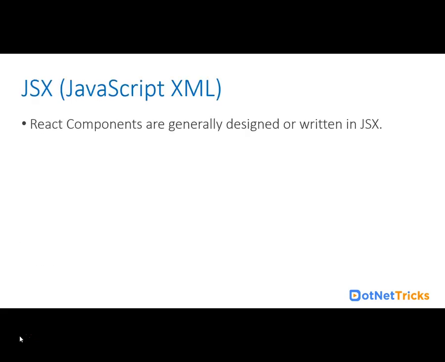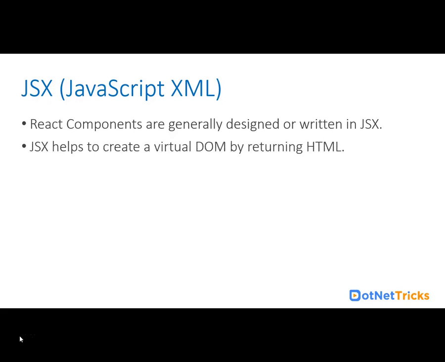Basically, JSX is generally written in React components and any other scripting language as well, because JSX is a preprocessor that adds some XML syntax to JavaScript. In other terms, we can call it syntactical sugar for JavaScript.